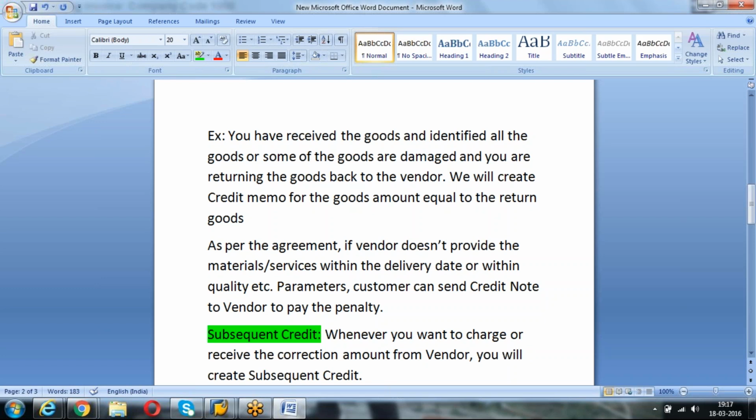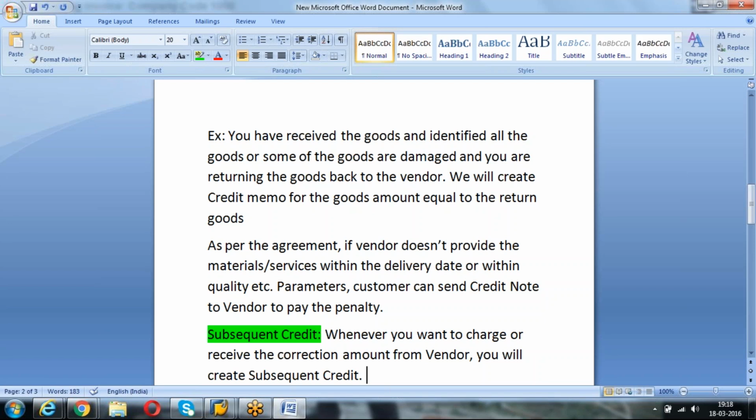For example, there are 100 items you bought and you paid 10,000 rupees. After 2 months, as per your agreement or some corrections like that, you would have a charge, like certain materials are not working as per the specification. For example, the battery is supposed to work for 10 days, but around some 15 batteries within 5 days only were not working.